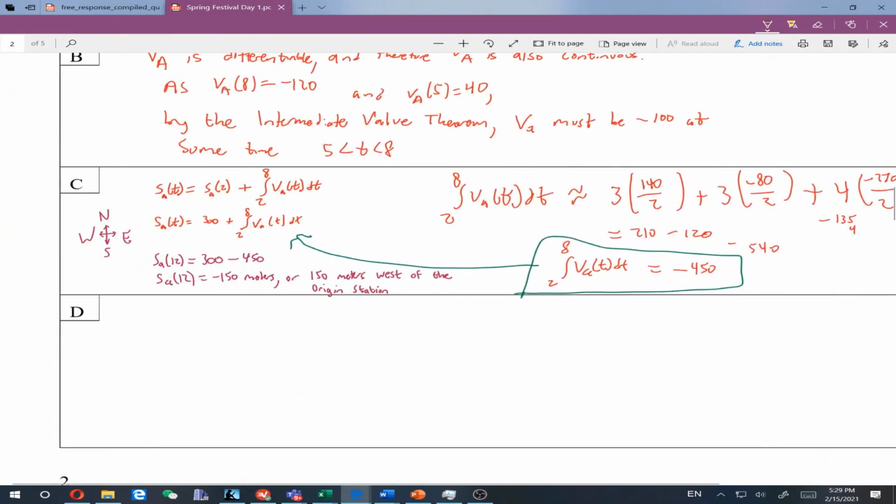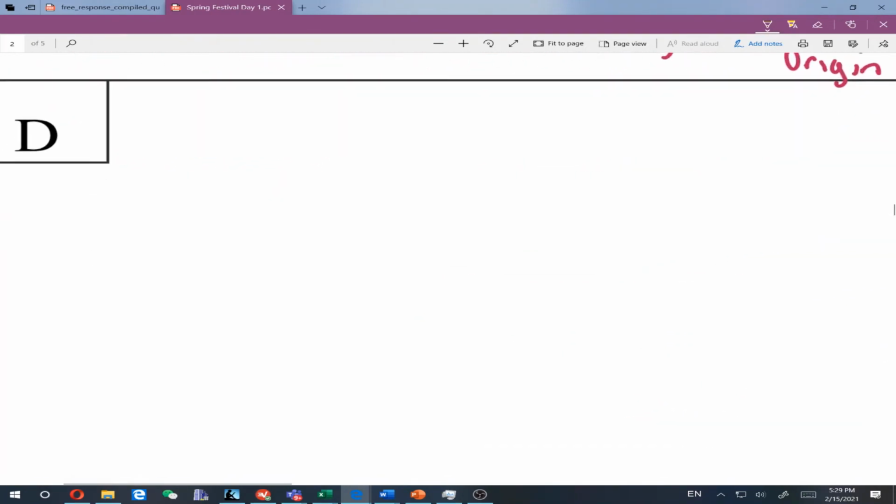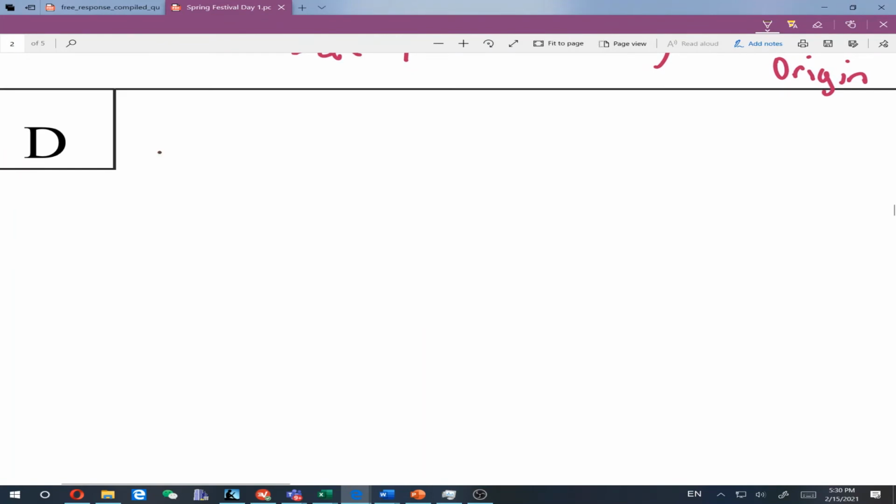Perfect. Okay, so I'm going to define some variables. We'll redraw our picture really quick. So x is equal to the position of train A at any time.